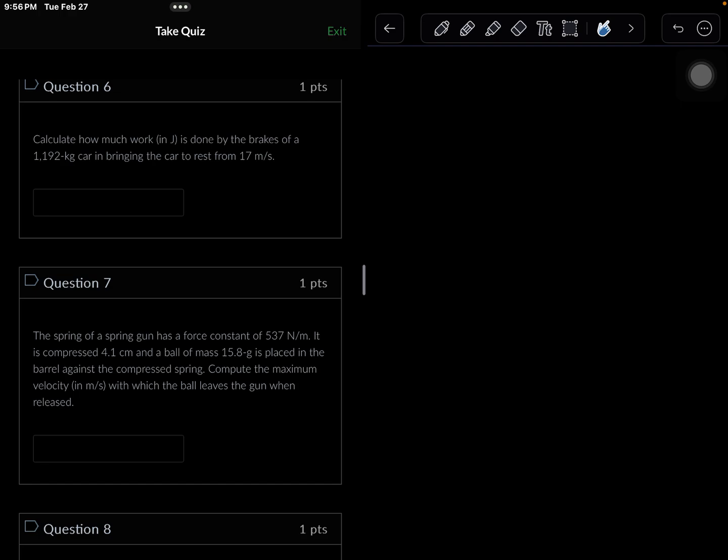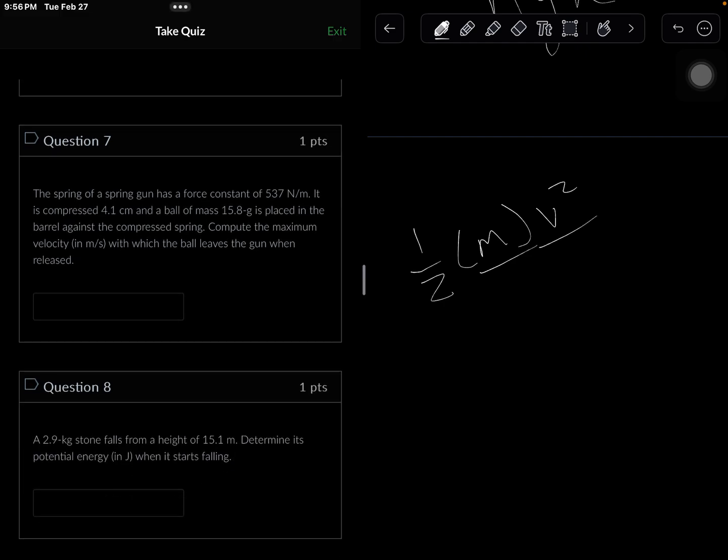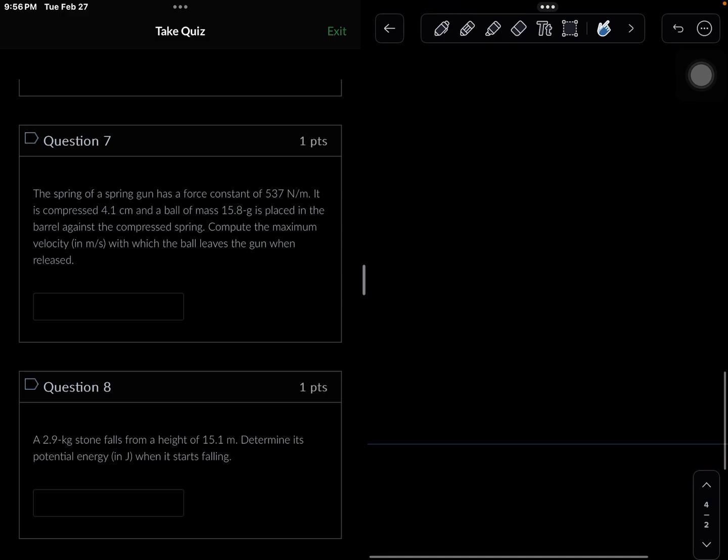Well, keeping one thing in mind once again, finding the difference in kinetic energy would tell you how much work is being done. So you take the final kinetic energy, which in this case is going to be equal to 1/2 mv squared, and that's going to give you how much work. M, your value is given, V, your value is given. Pretty straightforward question. Let's move on to question 7 now.